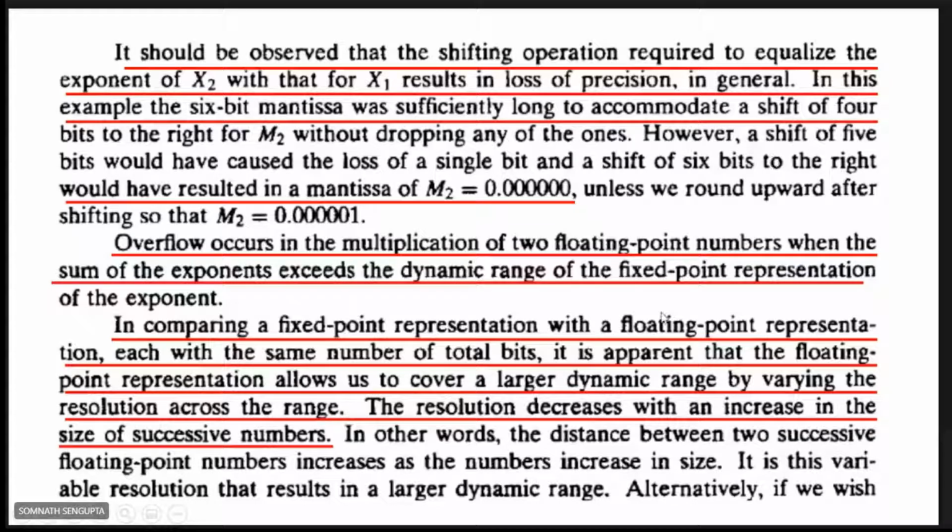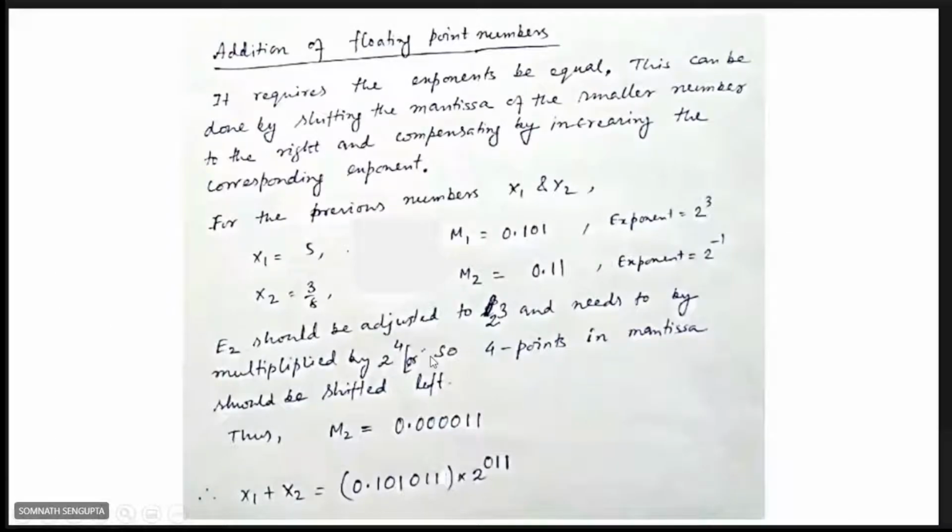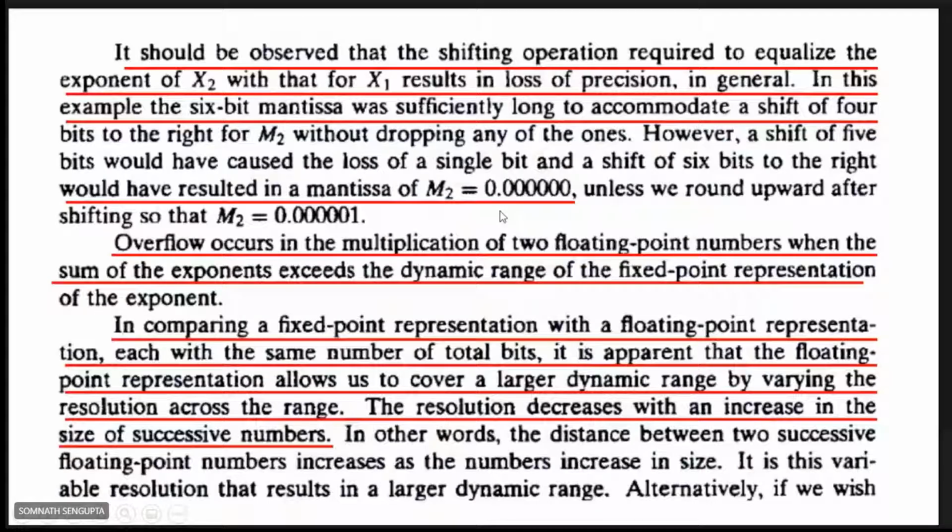Okay, what will happen? Second number means M2. We shift it by 5 bits, so the number would be 0.000001. So you see that there is a loss of data.